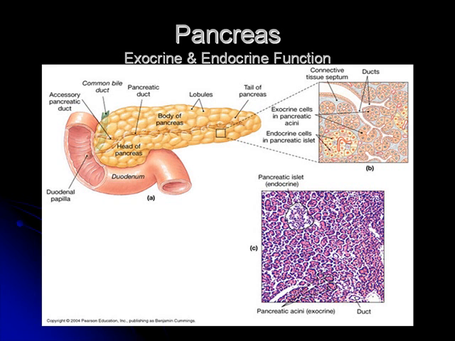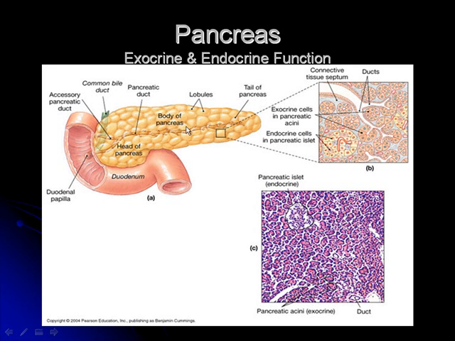This is an illustration from your textbook that shows the portions of the pancreas. Now recognize the body of the pancreas and the tail here will lie away from the duodenum. This portion, the head of the pancreas, actually can engulf or enwrap the duodenum as well. And so there are also significant blood vessels and other ducts that pass in the same location.